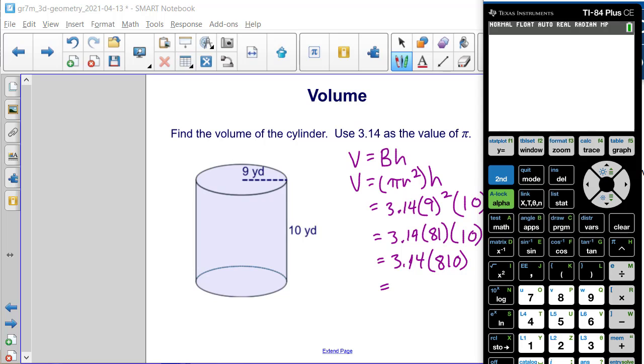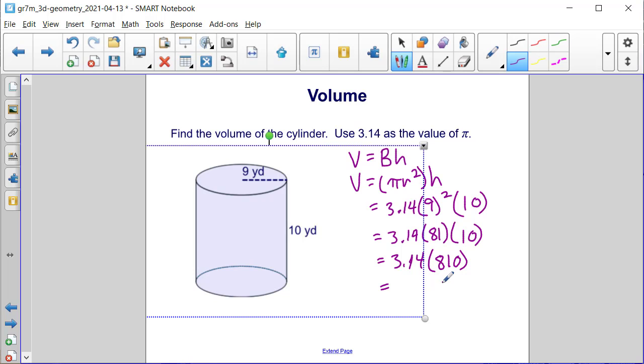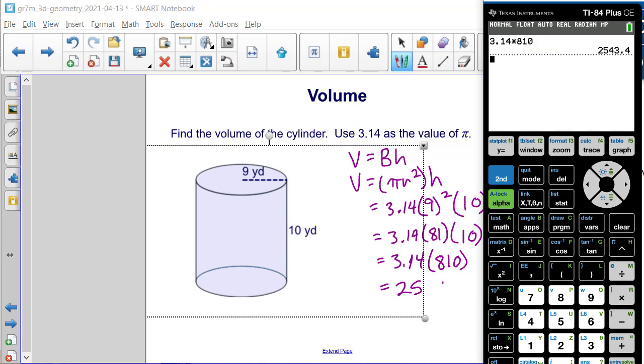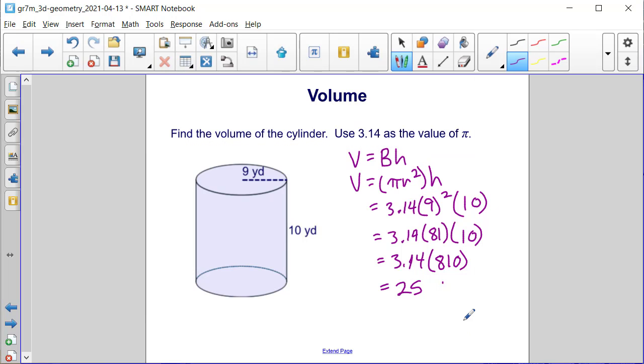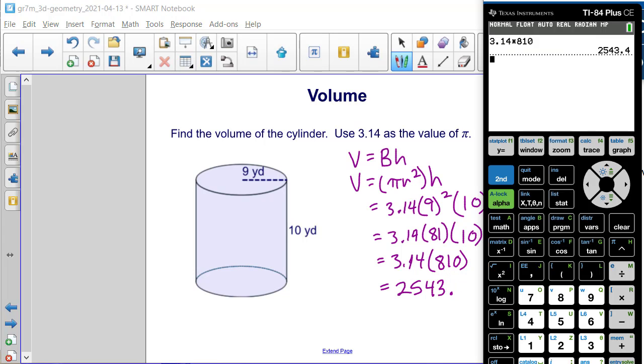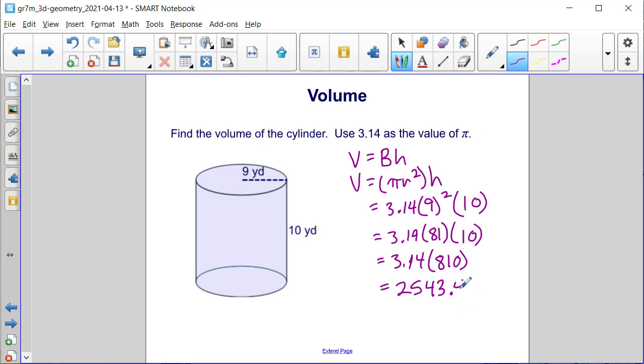And now if we put these in the calculator, 3.14 times 810, we get 2,543.4 cubic yards.